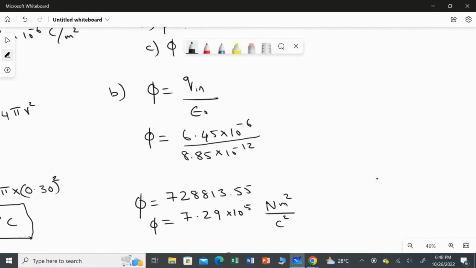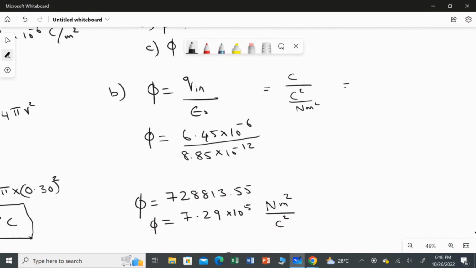That's it. Okay. Actually, the unit I mentioned here is wrong. The unit for the charge is Coulomb and the unit for the permittivity in free space is Coulomb square over Newton meter square. Am I right? So the unit will come like this.